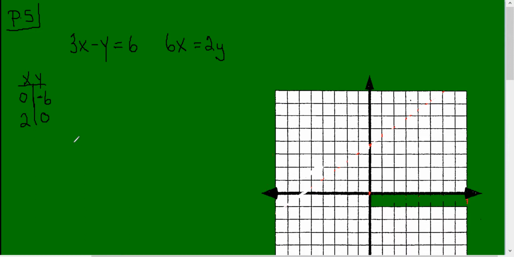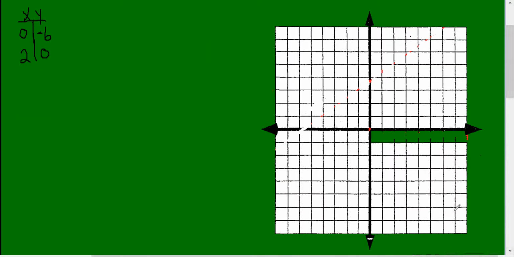Okay, hope you're okay with that. I'll graph this line. 0, negative 6 is down here. 1, 2, 3, 4, 5, 6. And 2, 0. 1, 2, zero is here.